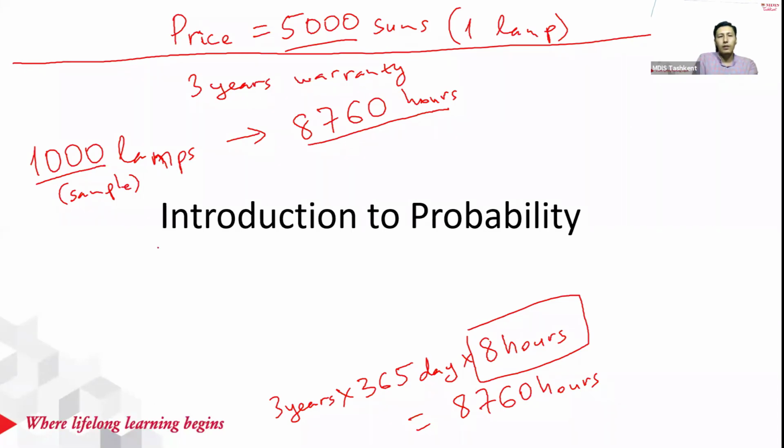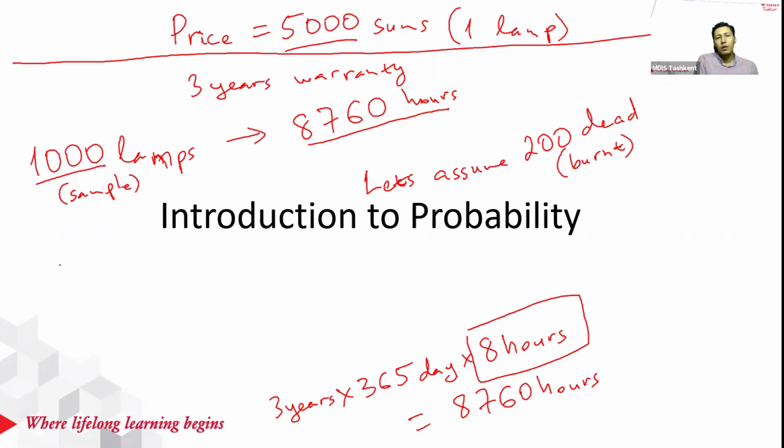Let's assume, we don't have time to wait so long, so let's assume 200 dead, or burnt. 200 lamps are dead after 8,760 hours.